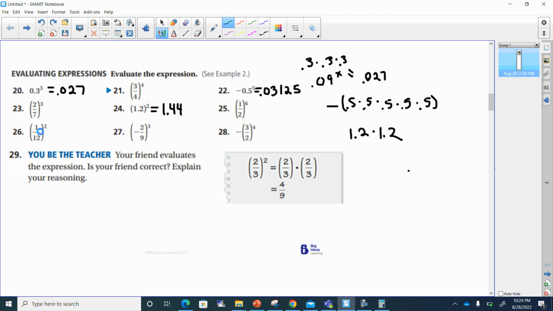This would be 1 over 12 times itself 2 times. So 1 over 12 times 1 over 12. Remember, that's 1 times 1 is 1, and 12 times 12 is 144. So this gives us 1 over 144.